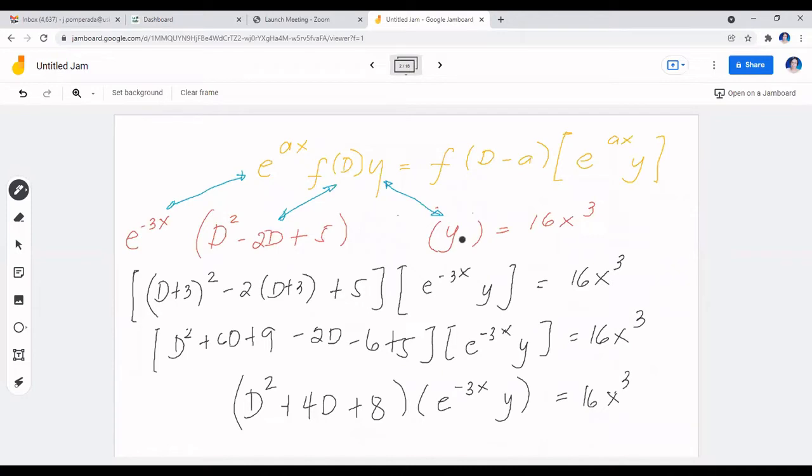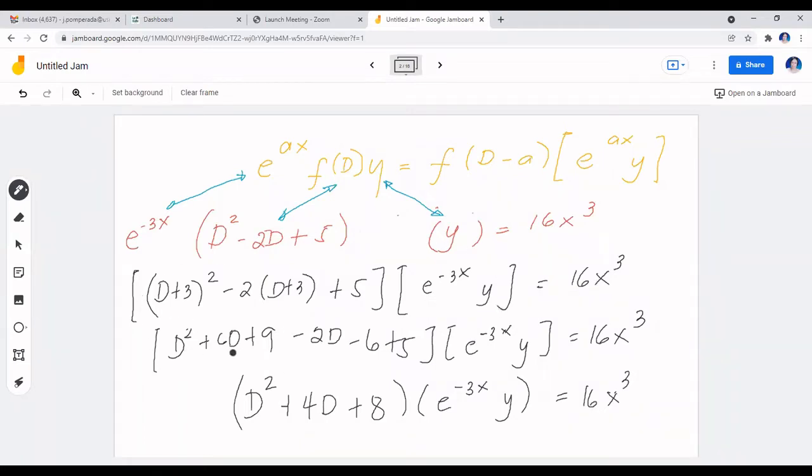And we copy this one, the e raised to axy. Based on the formula, this original expression has to be converted to this, since these two are just equal. So now we have e raised to minus 3xy. This e raised to minus 3x was just transferred here. And you still have 16x cubed on the right side. Just like algebra, you're going to simplify this.